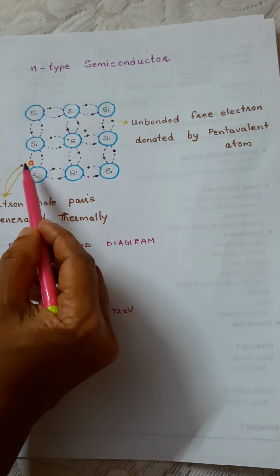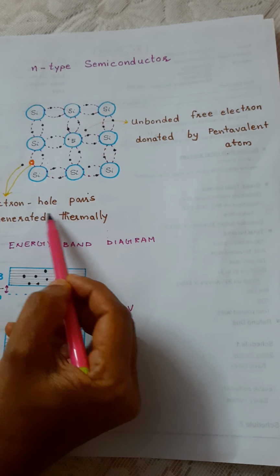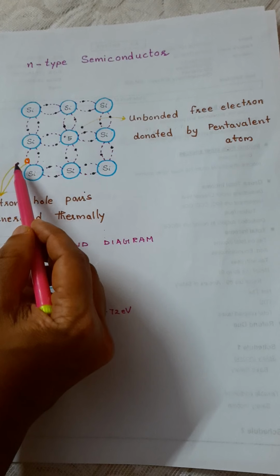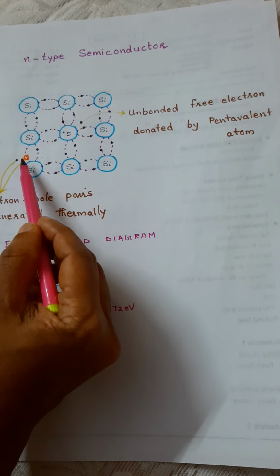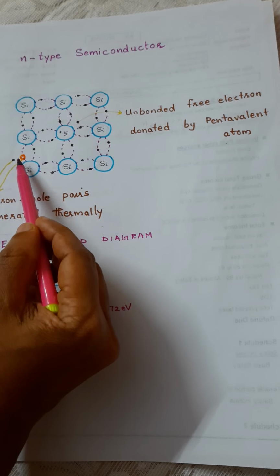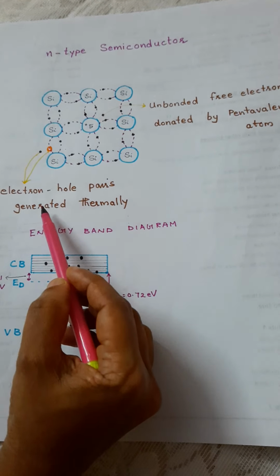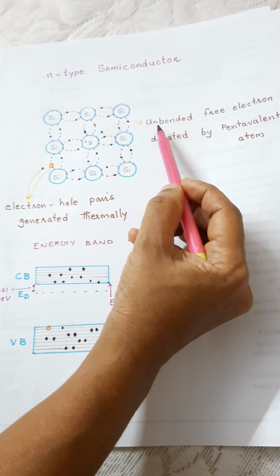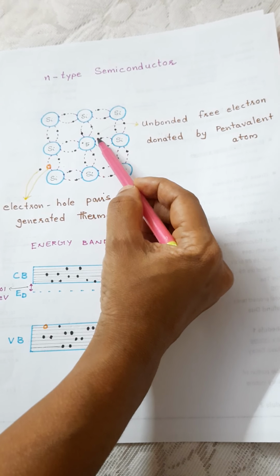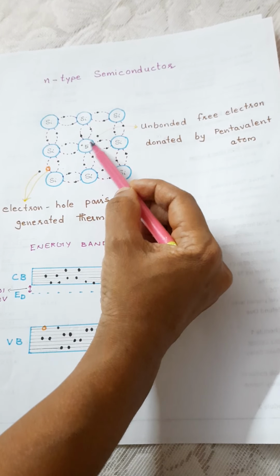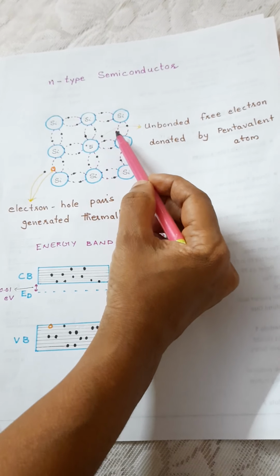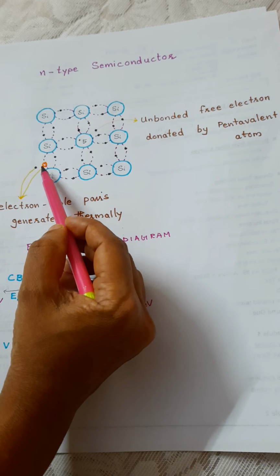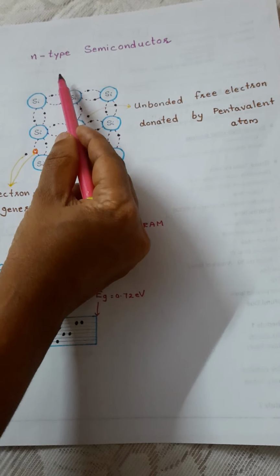And there are electron hole pairs generated thermally, by the breaking of covalent bonds. Electrons and holes are produced. So electron hole pairs are generated thermally, along with the electrons donated by the donor atom. So we can say the number of electrons will be greater than the number of holes in an N-type semiconductor.